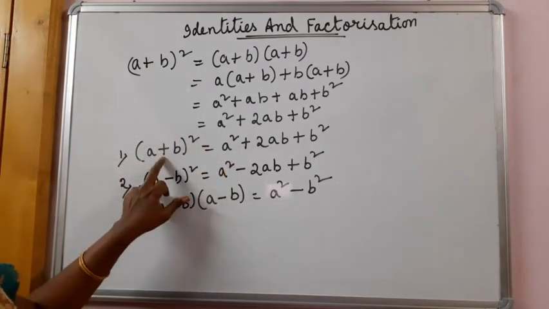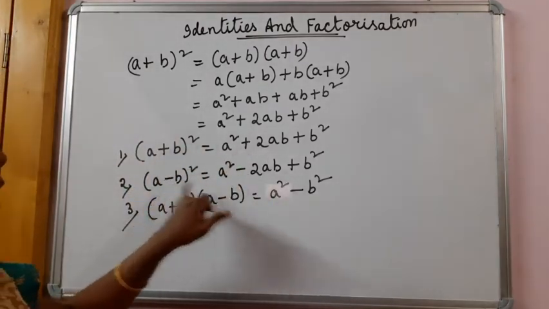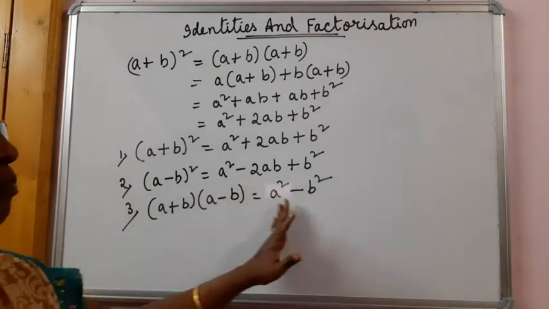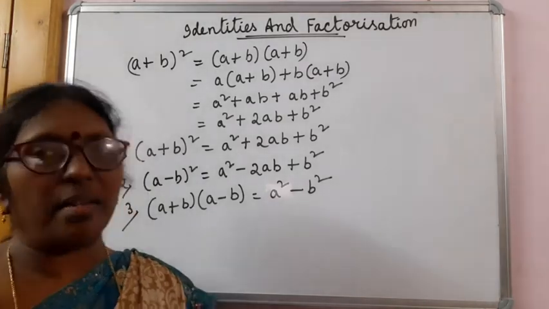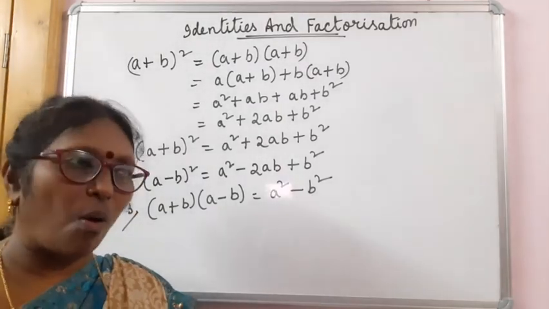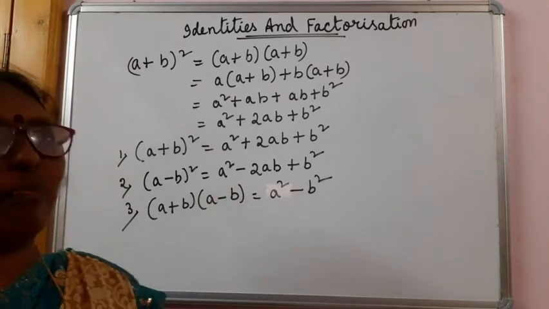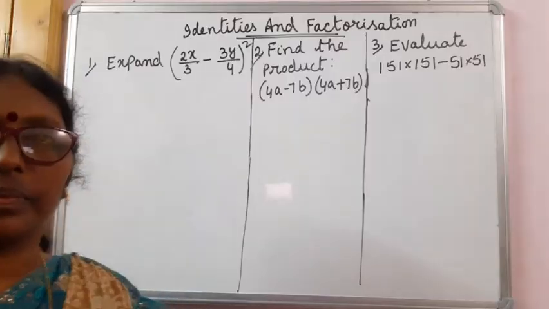Very simple. If here is plus, it is plus; if here is minus, 2ab will be minus. If it is a plus b into a minus b, we only get a square minus b square. Now, let us do some simple sums based on these identities.